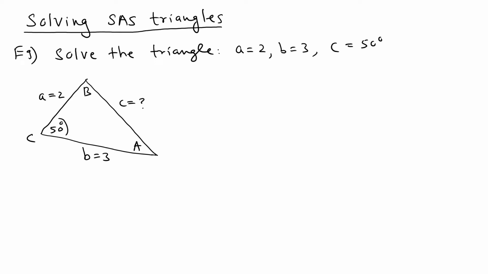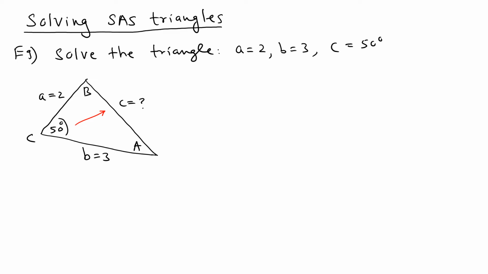If you look at this situation, we cannot use the sine law because we do not know any side-angle relation. We know the angle but we don't know the opposite side, so one is missing. This is the reason why we have to use the cosine law first.